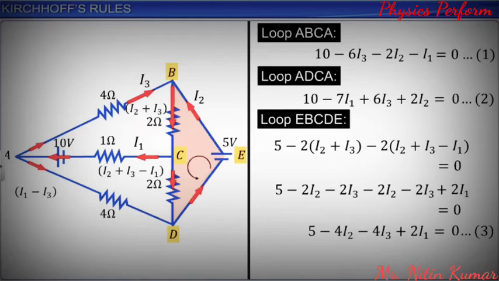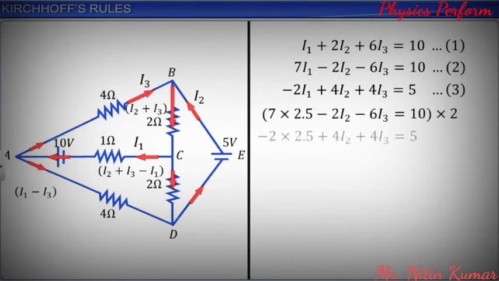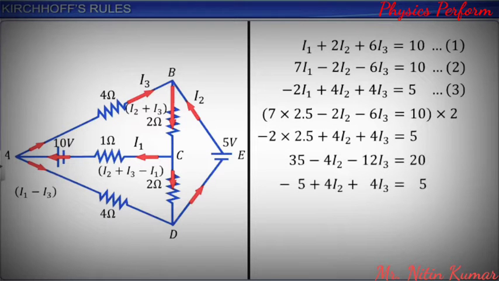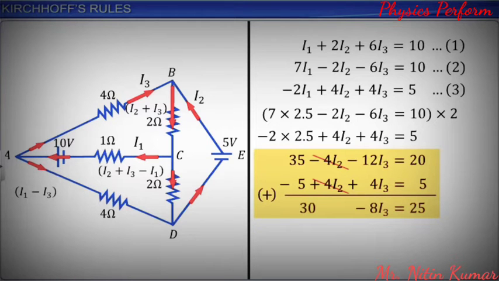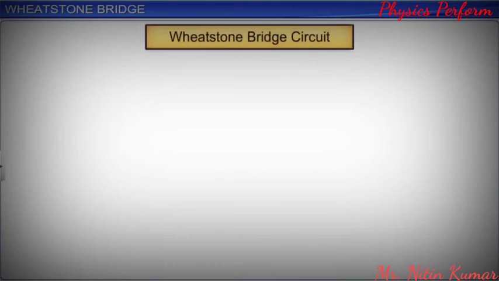On solving these 3 simultaneous equations, we get the values of the unknown currents as shown. Substituting these values, we get the current in the various branches as shown.